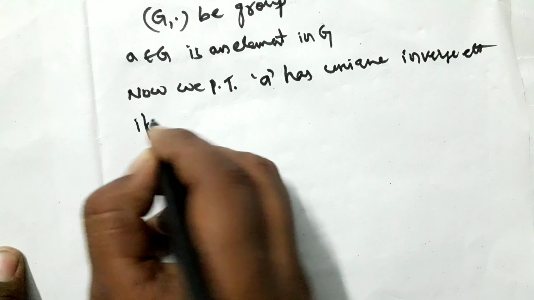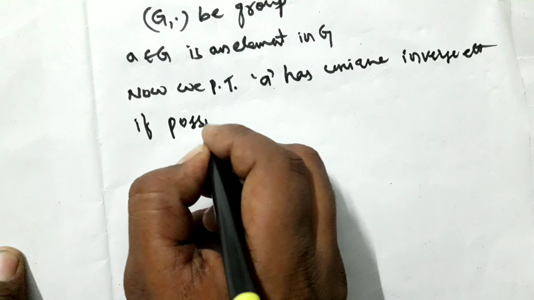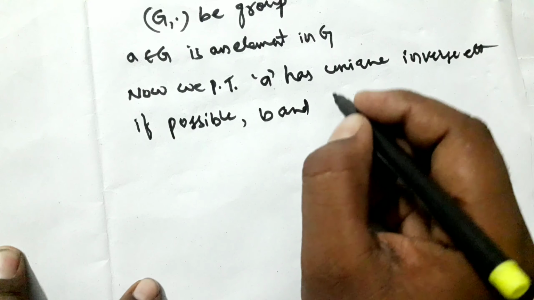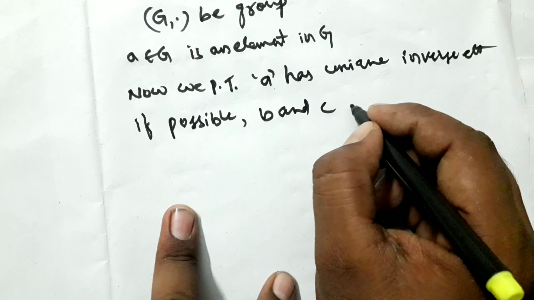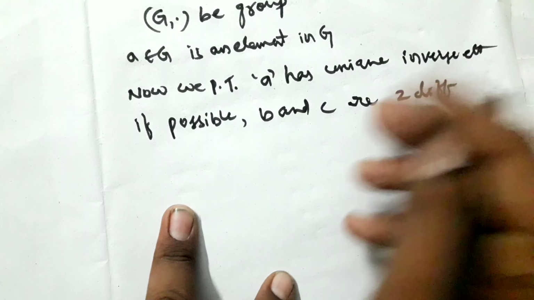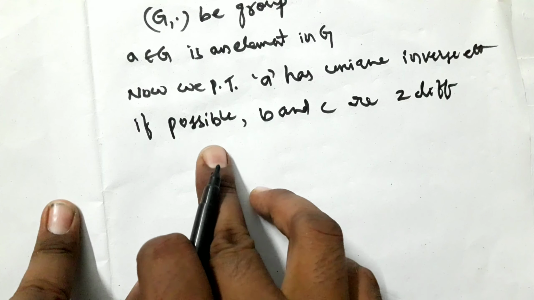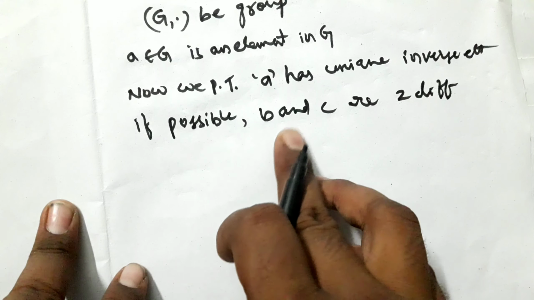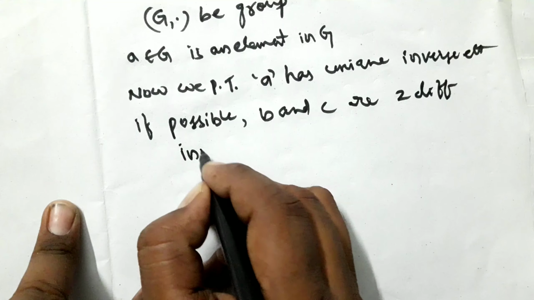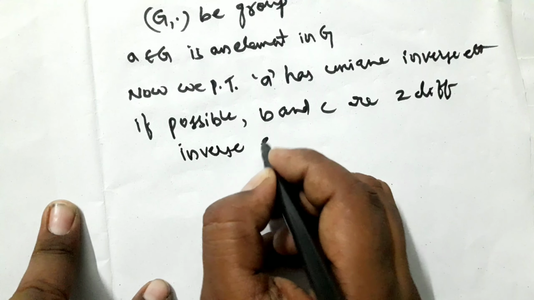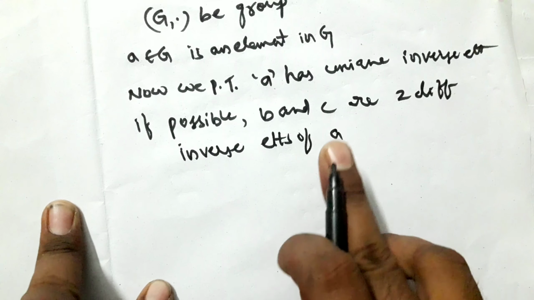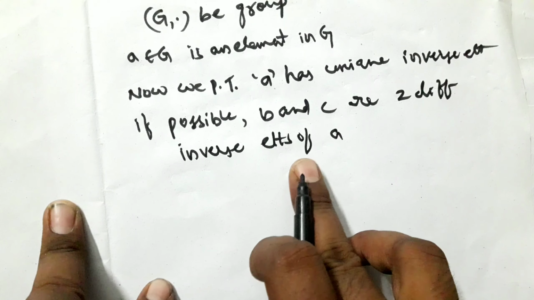That is, if possible, we take b and c as two different inverse elements of a.